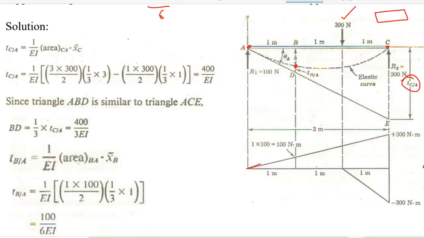If you consider this reaction force 100 acting here, now consider a beam with 100 acting here. If you take a section at point B, what will be the moment in this section? 1 into 100, 100.